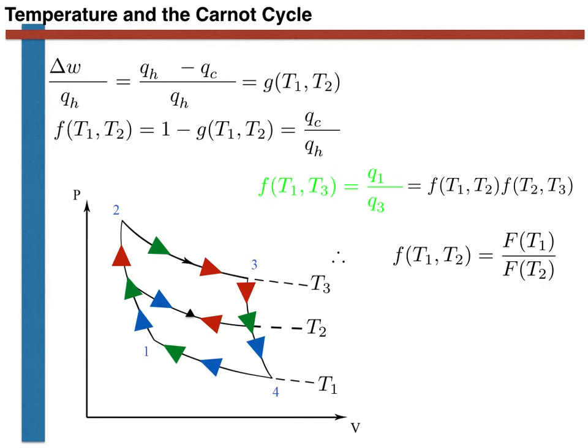The simplest function we can choose for capital F is the identity function. That is to say, capital F of T1 is just a function that returns its own argument T1. This then is the basis of the Kelvin temperature scale, which defines temperature as shown in the bottom right-hand corner of the slide here.